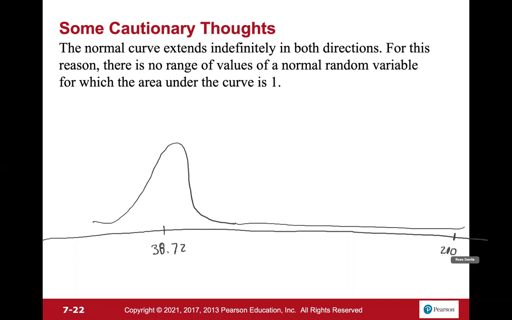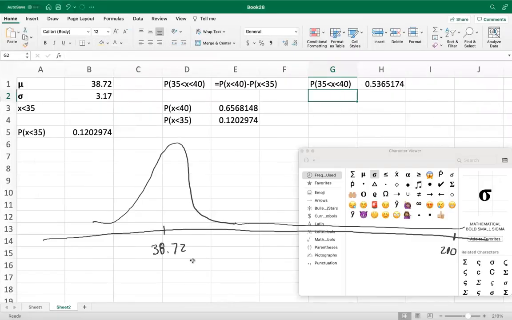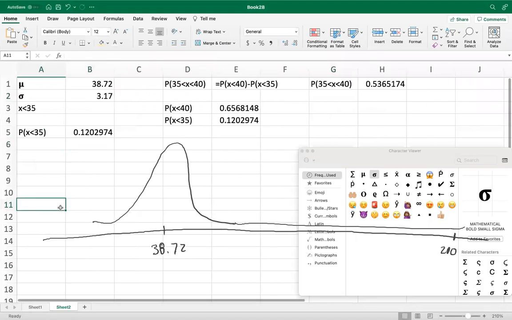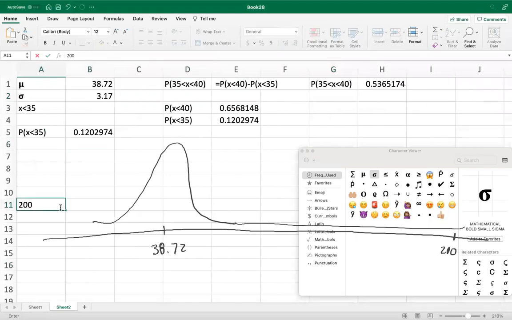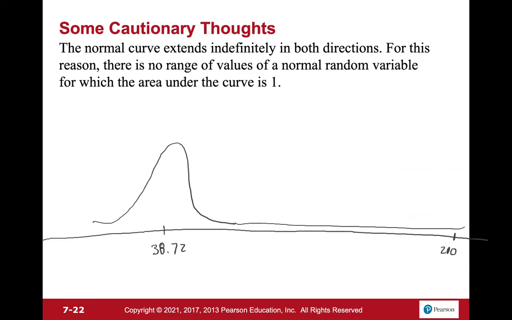So 200 inches tall is really, really tall. Let's see how big of an exaggeration that was. So 200 inches, we're dividing that by 12 inches to see how many feet. That's about 16 feet tall. So even though this value here is unrealistic for this problem, we still have to account for this area over here.